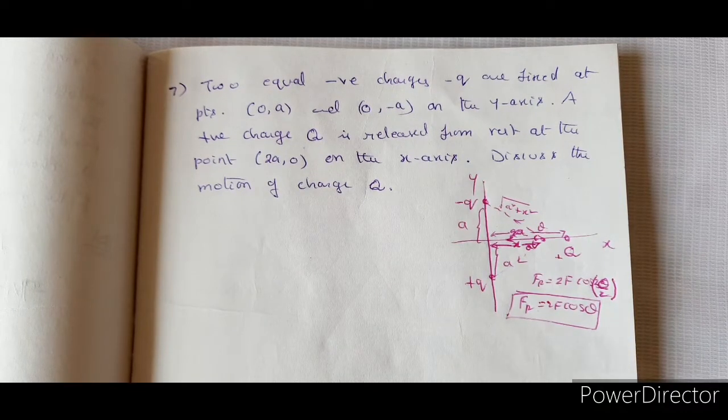And now we are dealing with the most important problem series. We are in the 7th problem. In this video, we are going to discuss the motion of a charge in the electric field, which may be created by one charge, a uniform distribution, or discrete charges.